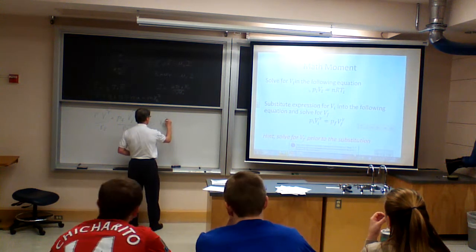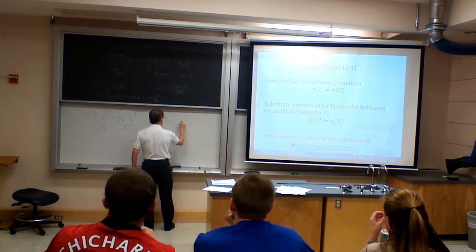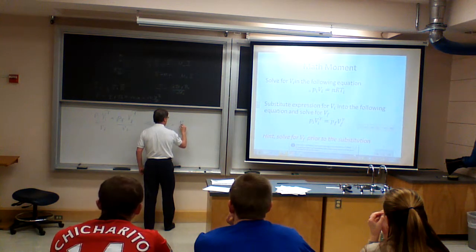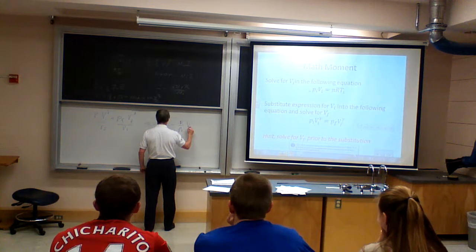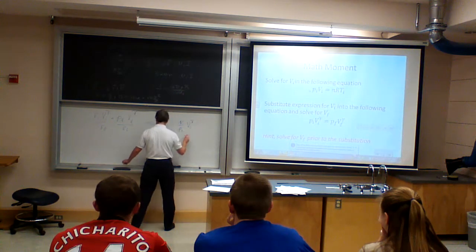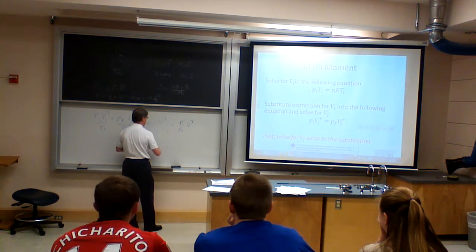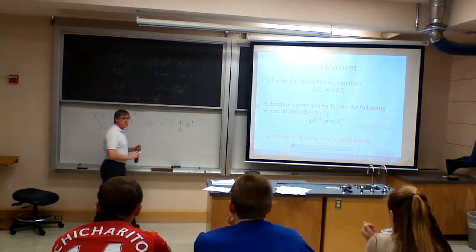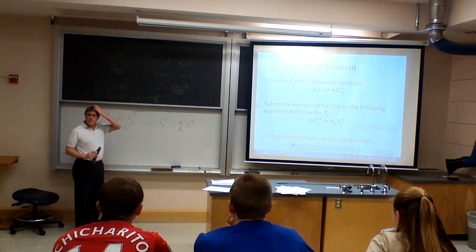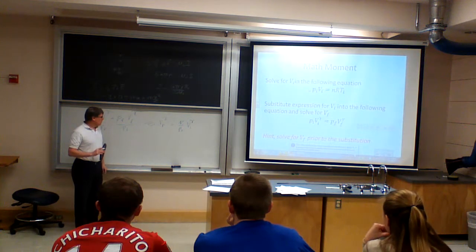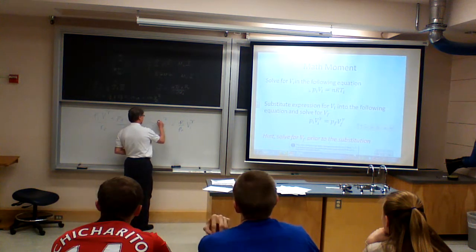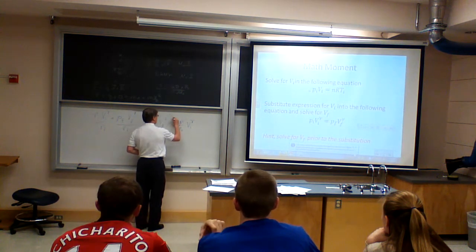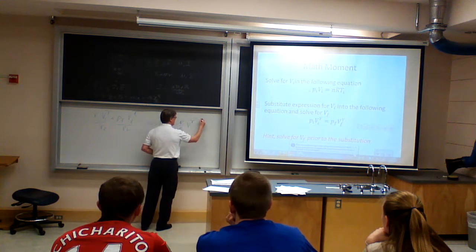V final to the gamma equals P initial divided by P final times V initial to the gamma. Now what do we do? Can we divide? You have to take the 1 over gamma root of both sides.